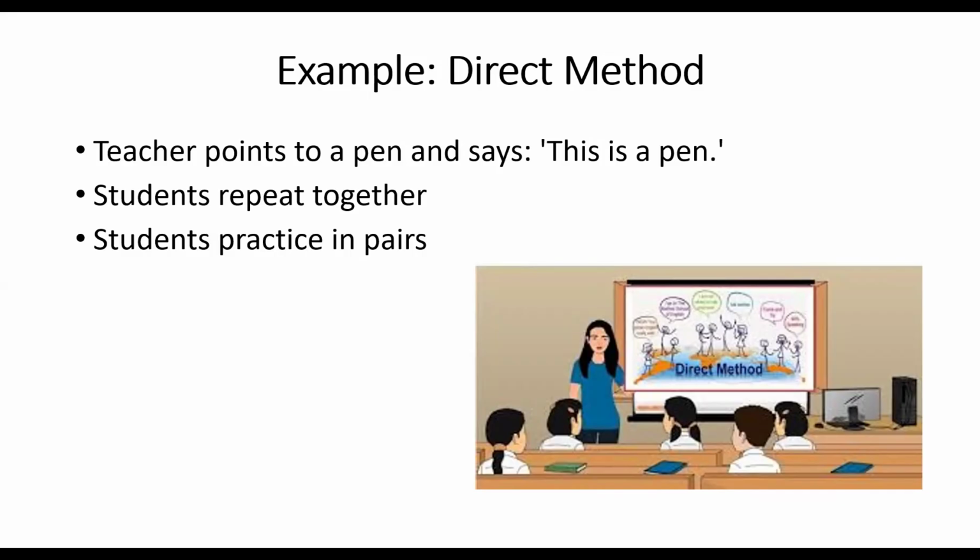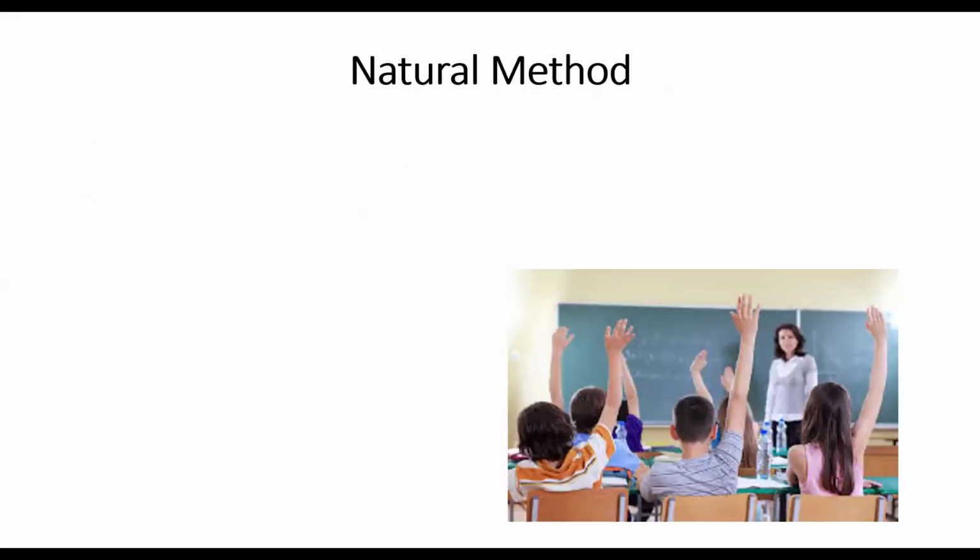This is a pen, but when they practice in pairs, they can use other objects like this is an eraser, this is a ruler, this is my bag, this is his pencil case, and etc. That is direct method.